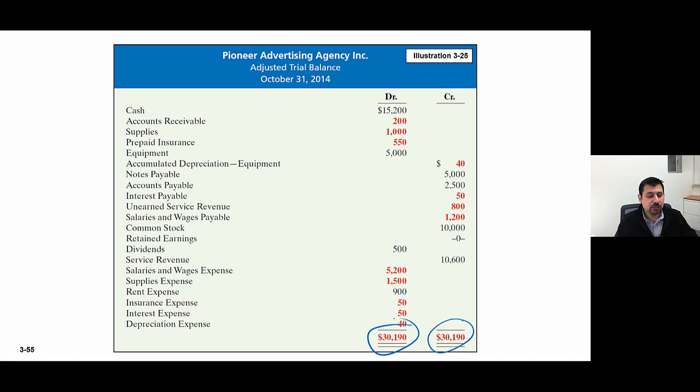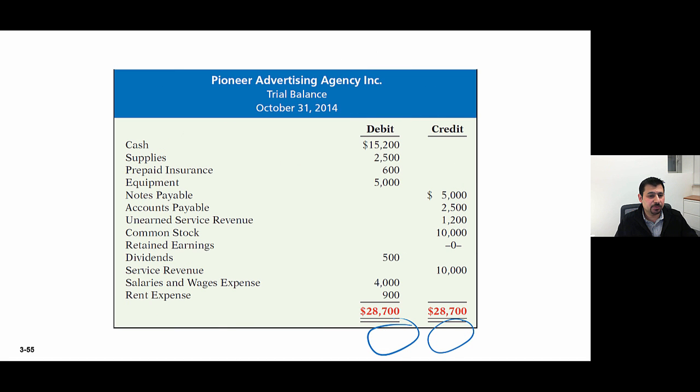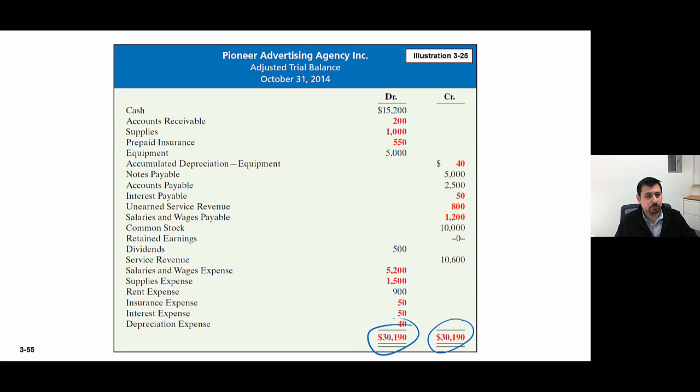And as you can see, in many cases we have more accounts here than we have in the trial balance, because certain accounts were not included there, such as accounts receivable. We didn't have any accounts receivable before. Now we do.